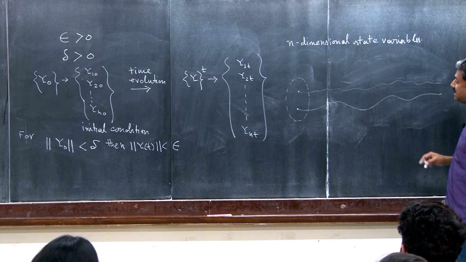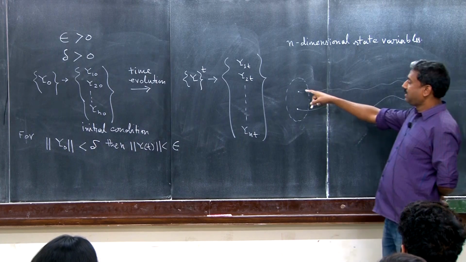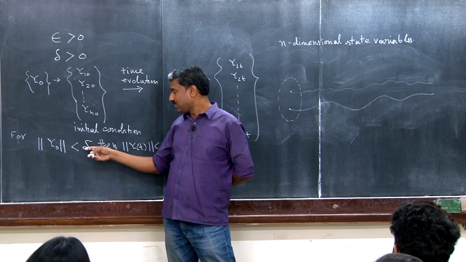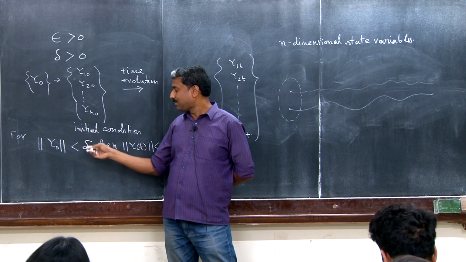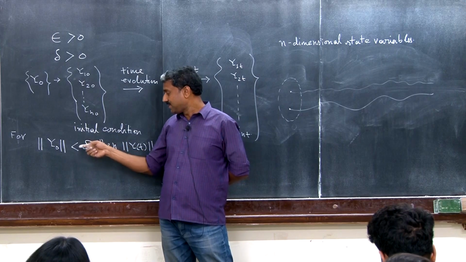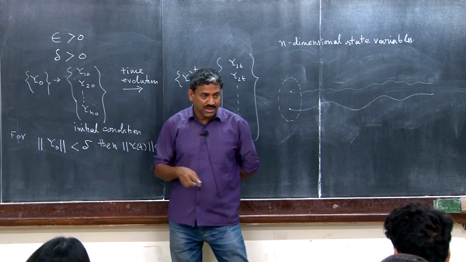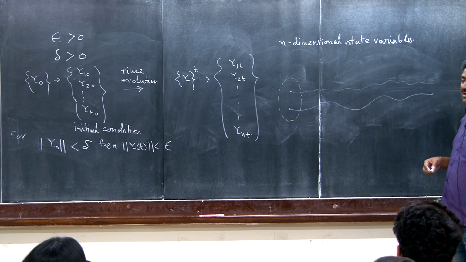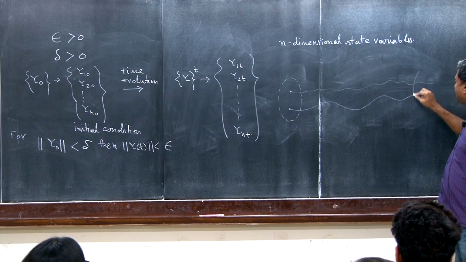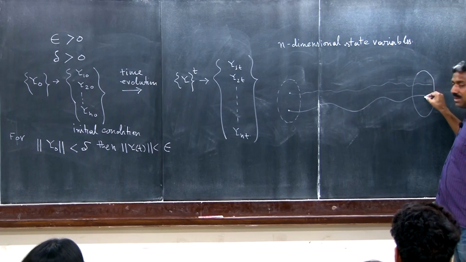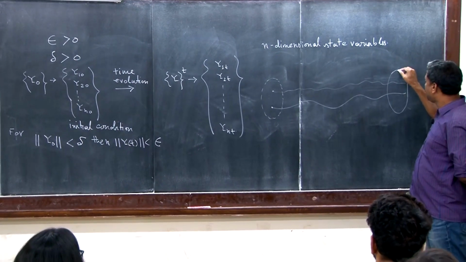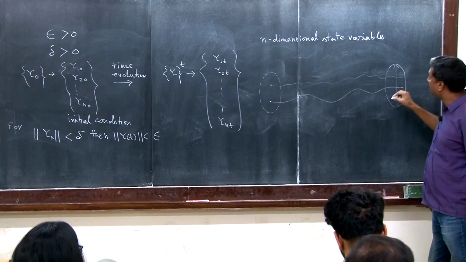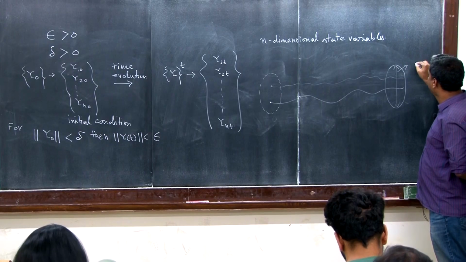So, Lyapunov stability is defined in a way so that if these two remain within some finite boundary, then after elapsing of any time t, all these response variables remain within a circle of radius epsilon.